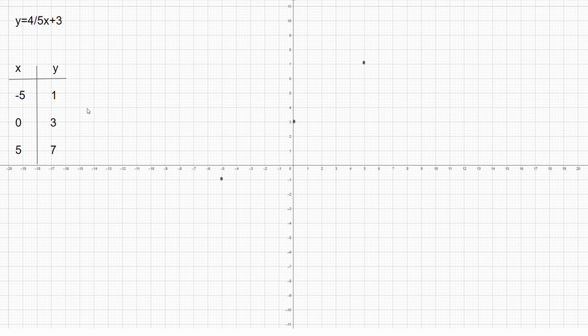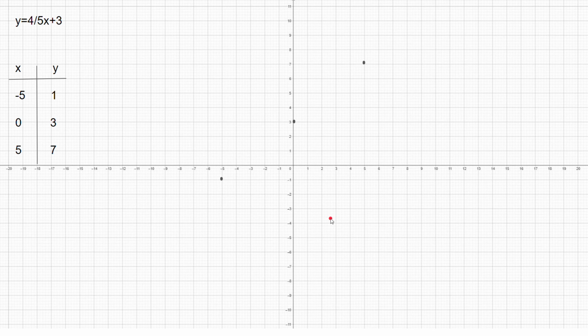And actually, you only need 2 points if you are in a hurry, and you'll still be able to get a line. But using more than 2 will increase your chances of not making mistakes.